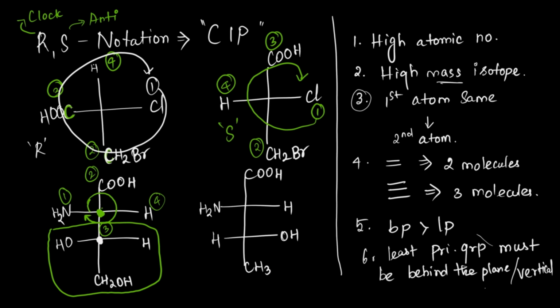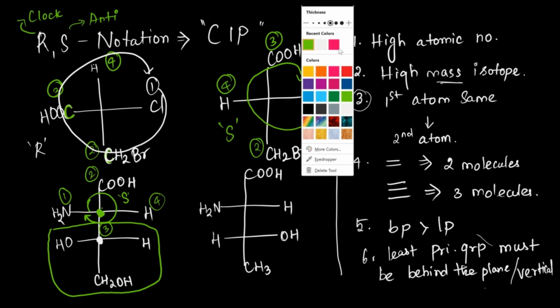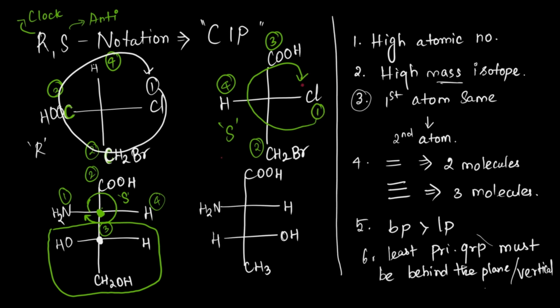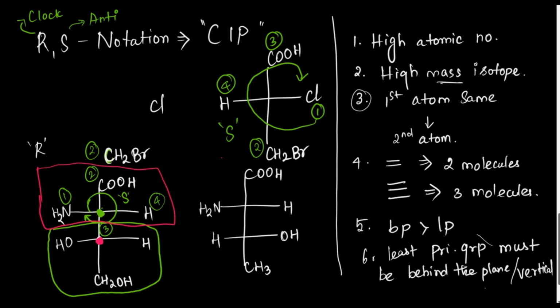Clockwise would be R, but I have to use the reverse rule, so this becomes S. So let's take another one, the pink one. In this case, this whole group becomes a single group. Let me erase the above examples so that you can clearly see this.